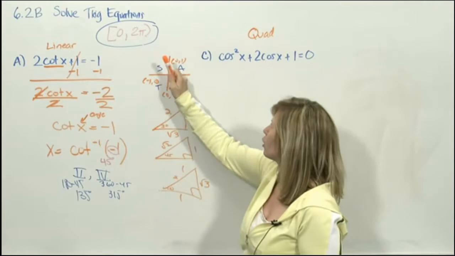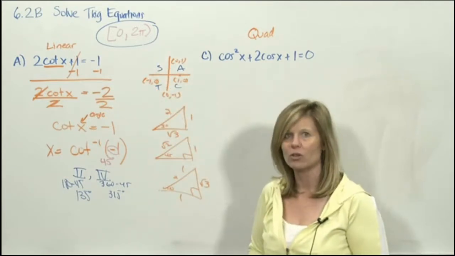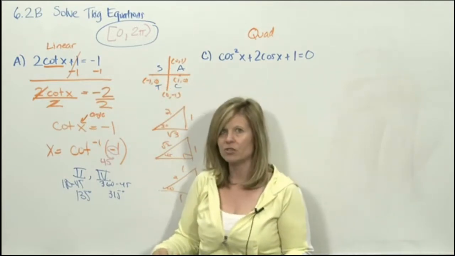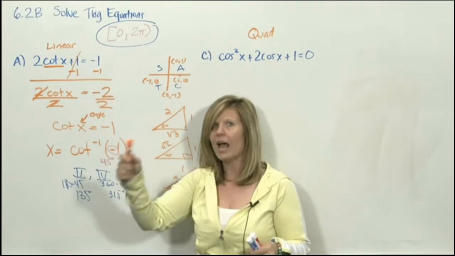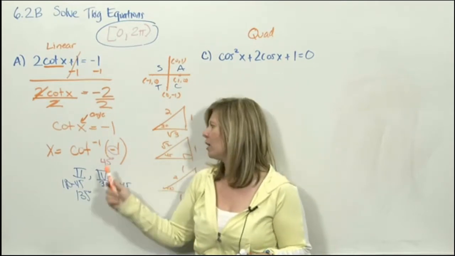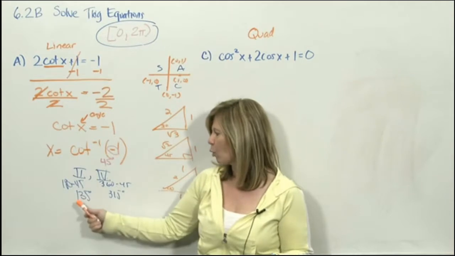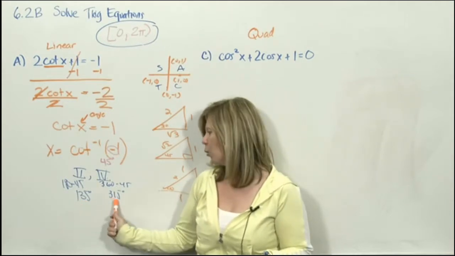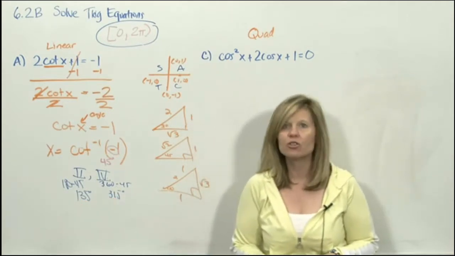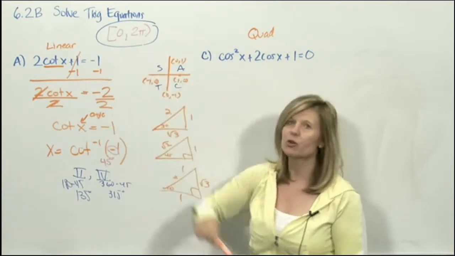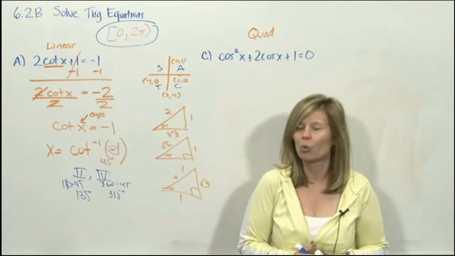If you start at 0 and go to 360, you're covering all 4 quadrants. So they want the angle measurements between quadrant 1 all the way through quadrant 4 that make cotangent negative. One would be in quadrant 2, one would be in quadrant 4. But you're still not done. 0 to 2 pi means the answer has to be given in radians.